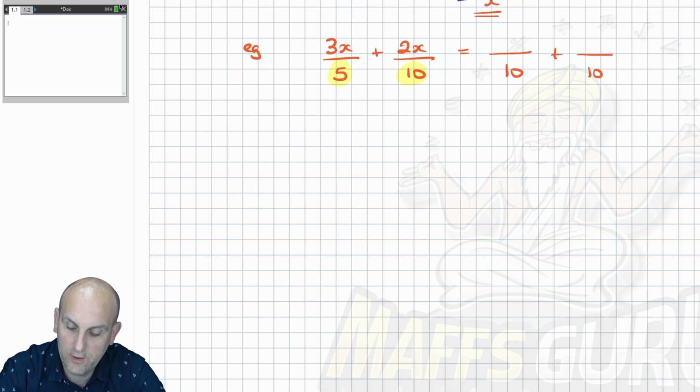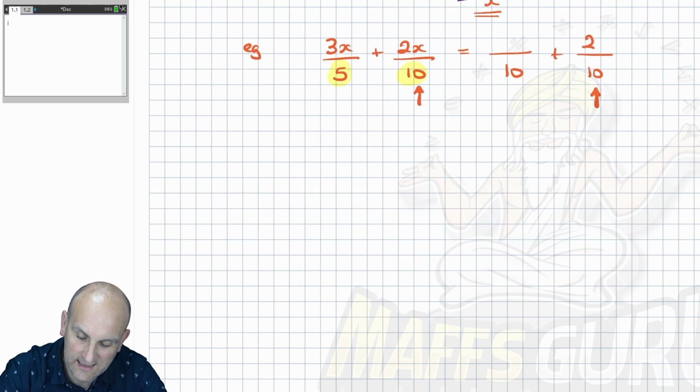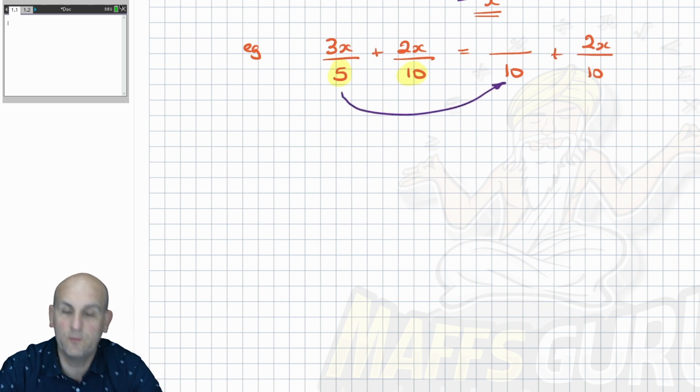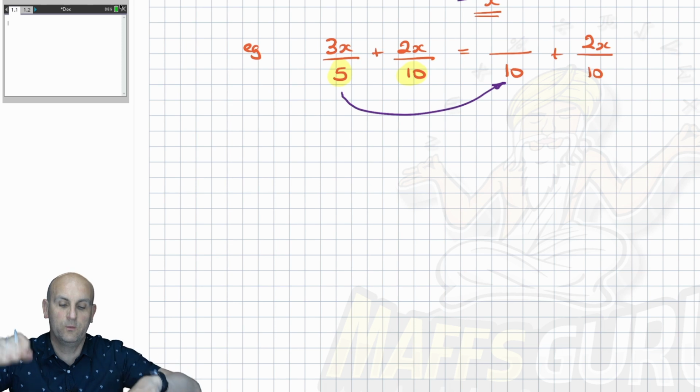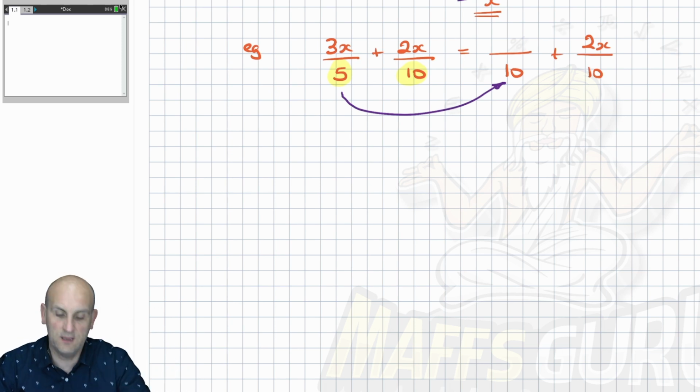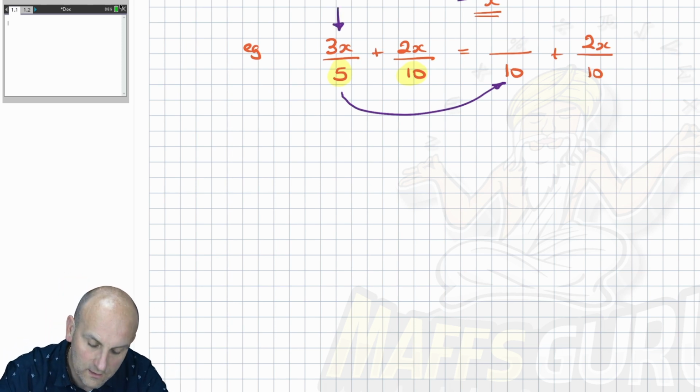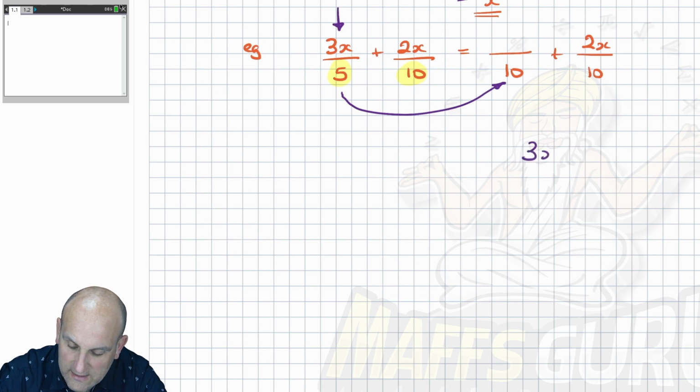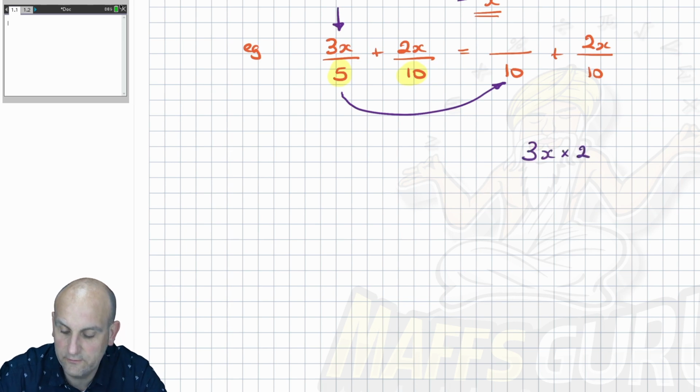Right, so this number here was 10, that stayed as 10, so the top stays as 2x. Remember, if you don't change the bottom number, then you don't have to change the top number. But this 5 has turned into a 10, and remember, when we're doing that, we do it by multiplication. What do we do? 5 to 10 is times by 2. So now I'm going to have to do 3x times by 2.